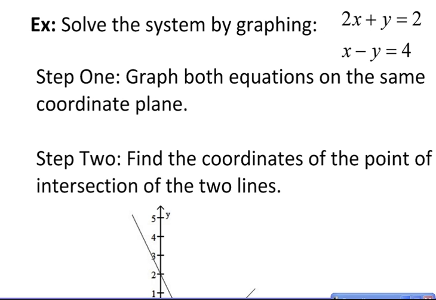So let's take a look at an example. They have 2x + y = 2 and x - y = 4. We know that we're going to graph both equations on the same coordinate plane, and then we're going to find the point of intersection of the two lines.